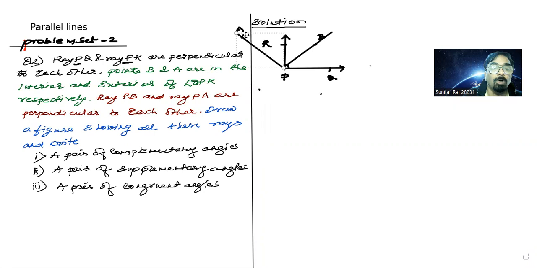These two rays are also perpendicular to each other. They also make an angle of 90 degrees. Ray PB and ray PA make an angle of 90 degrees, okay?